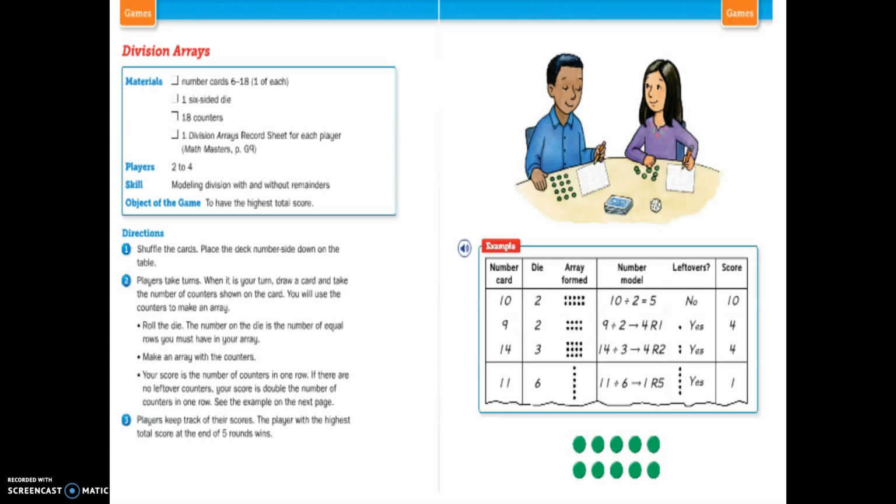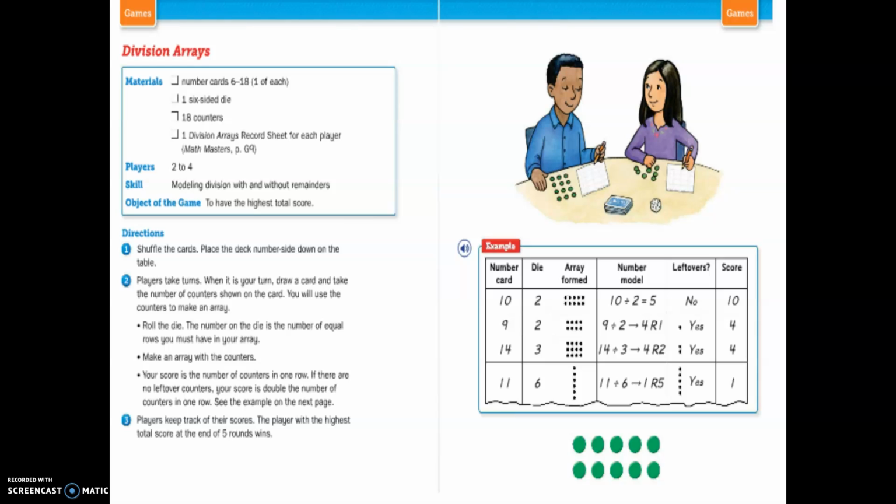We're going to play a game called Division Arrays. These are the directions. You need number cards, 6, 7, 8, 9, 10, 11, 12, 13, 14, 15, 16, 17, and 18. You can just print off some numbers from your computer and make cards, or you can just cut out rectangles and write those numbers on it. You need a die.